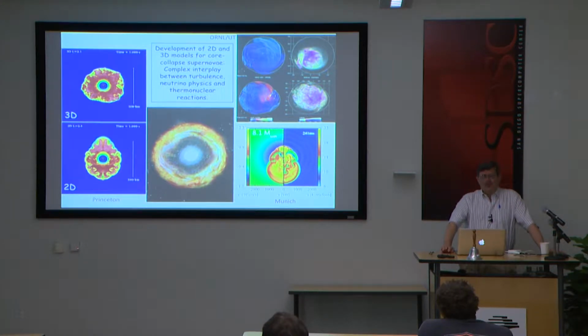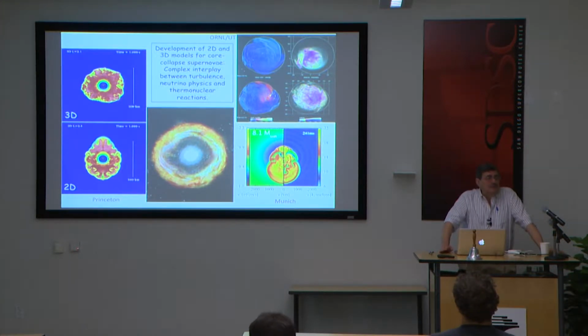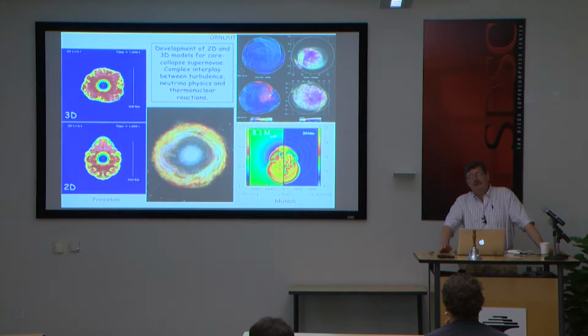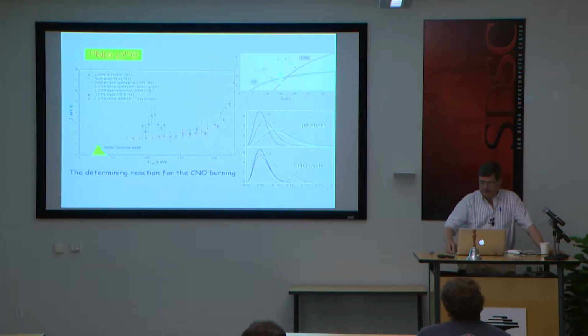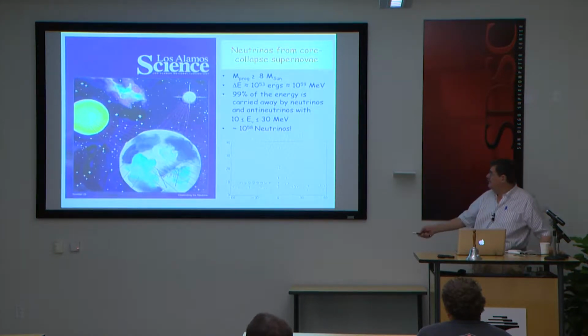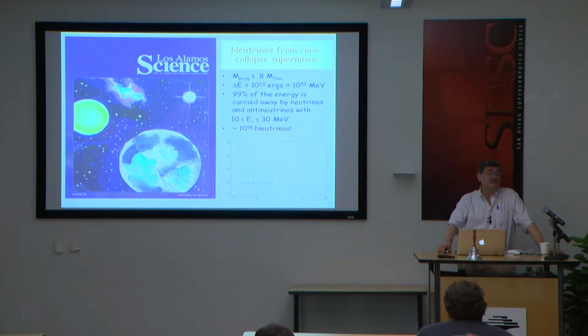Well, one thing that we are hoping to do is to be able to observe these neutrinos in great detail. Of course, they have been observed already. As I pointed out last time, this is the observation of neutrinos from supernova 1987A, but not too many events, as you can see.